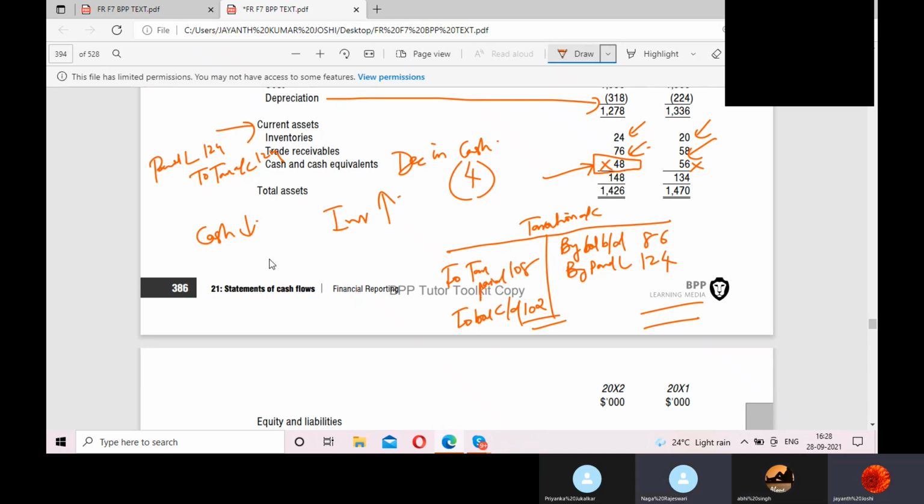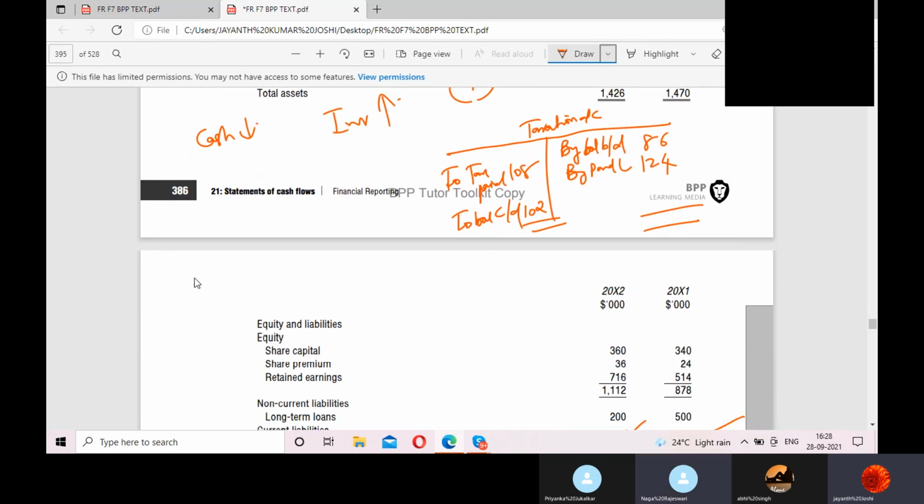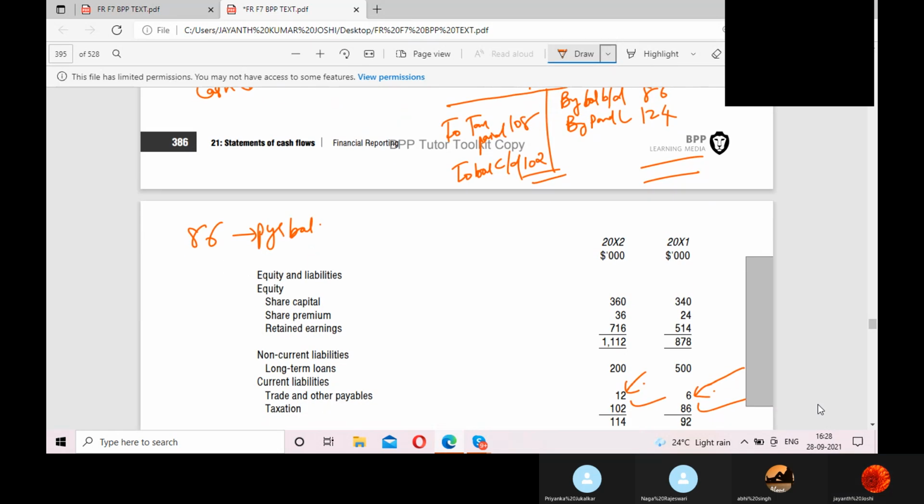Now I will show you in the normal way. Already you were supposed to pay this much as per the previous year balance. This year the closing balance you are showing is 102. That means this much is the closing balance, correct? That means this much you are supposed to pay next year. This is the previous year liability.